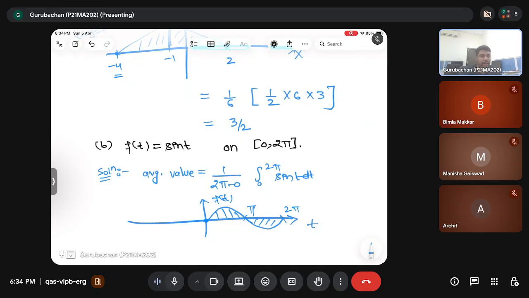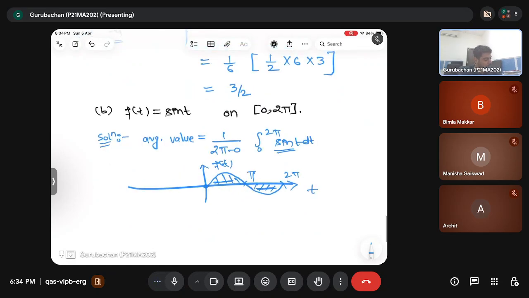So there is a symmetry, and moreover there is no mod, because if there is a mod, then we think about the area. This is the area with positive sign, and here the function is negative, so the output for this occupied region will be in negative sign because of the function being negative.